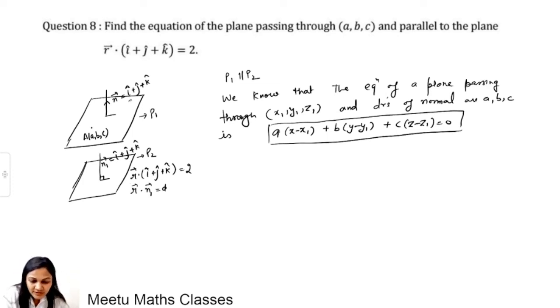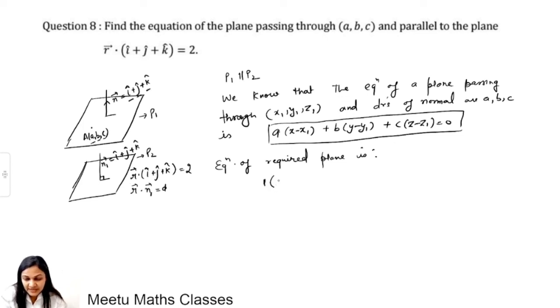So the direction ratios of normal are 1 1 1 and the plane is passing through a, b, c. So the equation of the required plane: direction ratios of normal are 1 1 1 and the plane is passing through a, b, c.